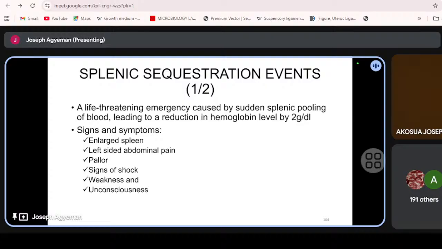So the target for this reduction is to minimize especially the absolute neutrophil count, so that even when you have the infection, the amount of response from the neutrophils will be minimal, so that it will reduce the inflammation within the endothelium. And also with reduced platelet count, you get reduced clot or thrombus formation.